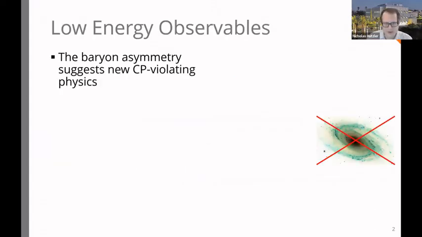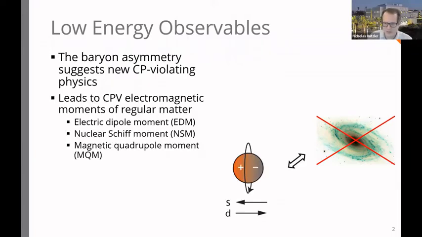The quick summary of the motivation for why we want to do these measurements is that the baryon asymmetry suggests new undiscovered CP violating physics, so the fact that the universe is made out of matter but not antimatter. Whatever this new physics is will generically lead to CP violating electromagnetic moments in regular matter, standard model things like particles in nuclei, so things like electric dipole moments, something like an electric dipole moment in nuclei called a nuclear Schiff moment, and magnetic quadrupole moments, which violate T and P and CP symmetries.